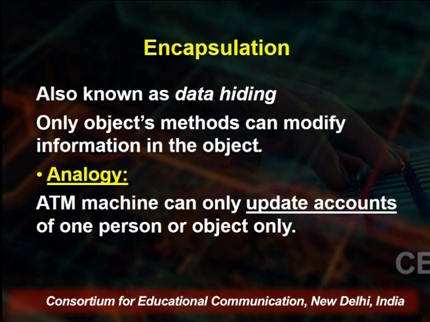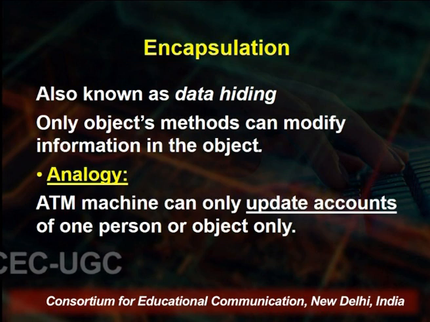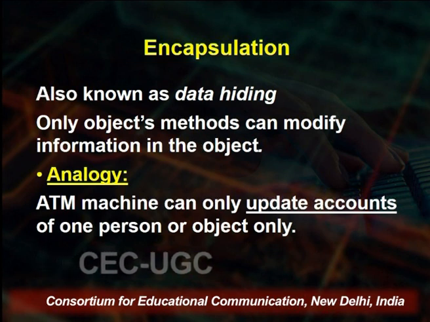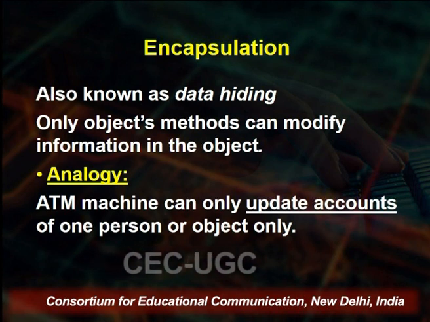That's why it is known as data hiding, because we are encapsulating data in a wrapper, in the form of an object, and only the object's methods can modify the information within the object. So please recall the figure of the object oriented programming paradigm which we have just seen, and it is shown on the screen.